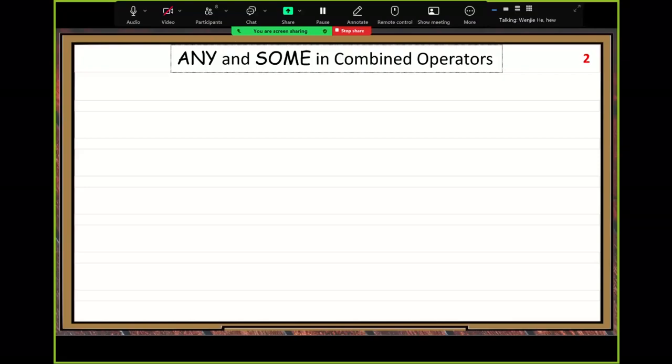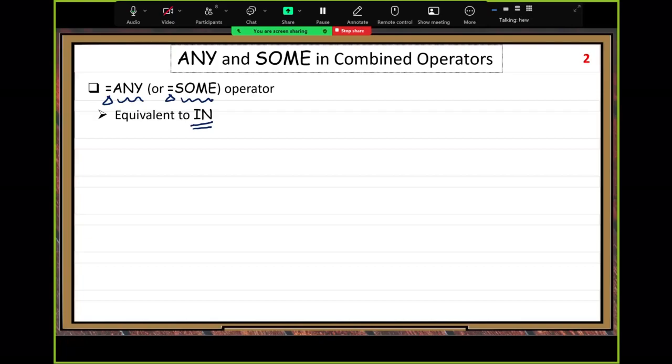Then the operators: any, some, combined operators. You use two operators together, combined. The equal operator and the any operator together, or the equal operator and the some operator together, have a meaning equivalent to the in operator. Usually we like to use the in operator because it is very convenient.